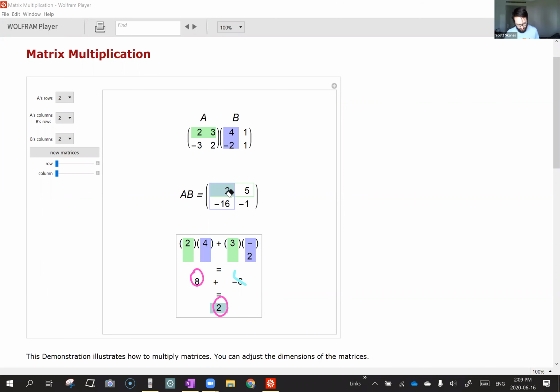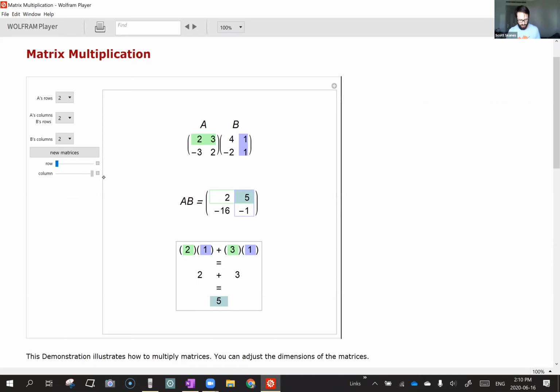And you go on down like this. So let me show you what happens if I wanted first row, second column. Notice how this changes, okay? It now is taking the first row of the first matrix and the second column of the second matrix. It's going 2 times 1 gives 2, 3 times 1 gives 3, and you add those results. It gives you 5.